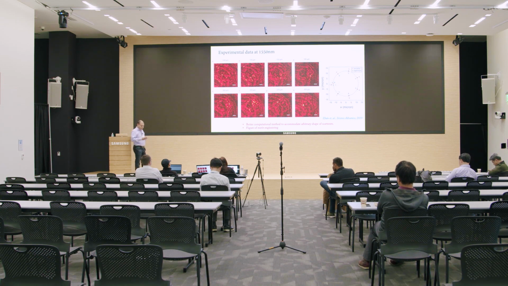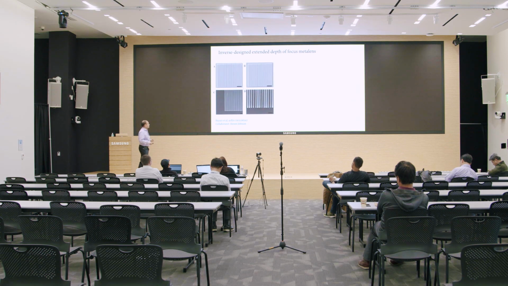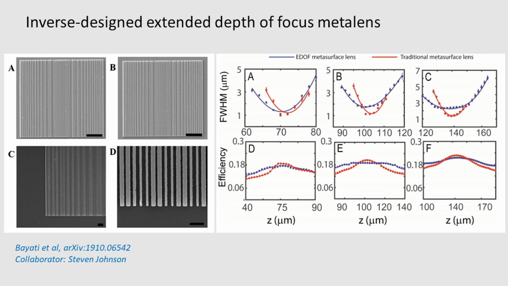I think there is a lot of interesting math that can be done to figure out how to do this kind of optimization. We're also looking into some other inverse design, including topology optimization in collaboration with Professor Steven Johnson at MIT. We recently demonstrated an extended depth of focus cylindrical metalens. We make a cylindrical lens that has the ordinary cylindrical lens based on our known phase profile, and then we use topology optimization to design a new structure.